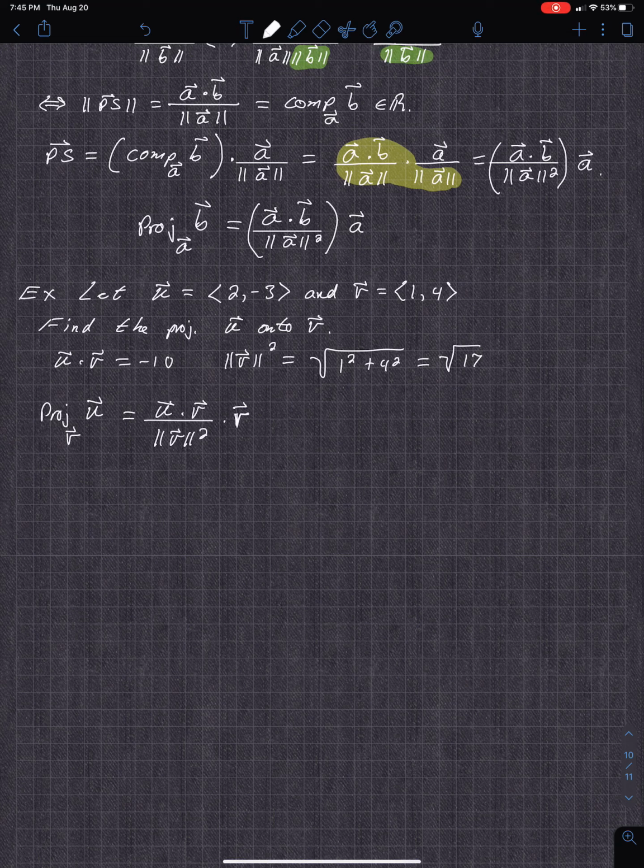You're just doing vector operations. That's the real key to this. We're getting away from the trig concepts and angles, because when you talk about the angle between n-dimensional vectors, it just doesn't make sense. Okay, so that's the projection.